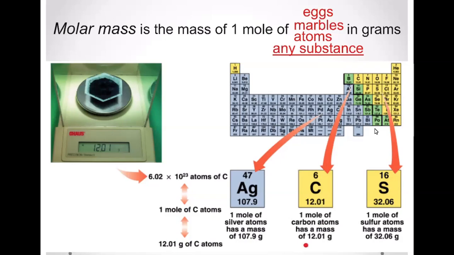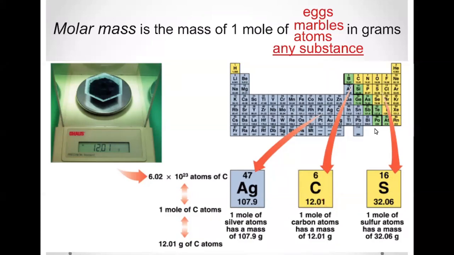But if I weighed out 12.01 grams on a scale, I think it's showing here, that would contain 6.02 times 10 to the 23rd atoms of carbon, which is 1 mole of carbon. So for 1 mole of carbon, all I have to do is weigh out its relative atomic mass in grams.